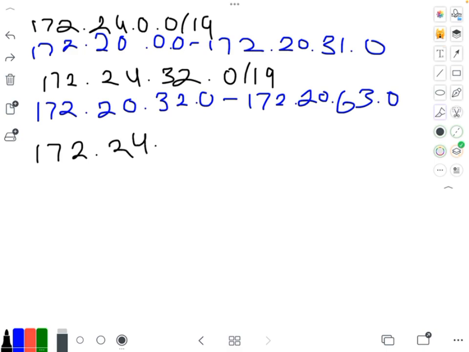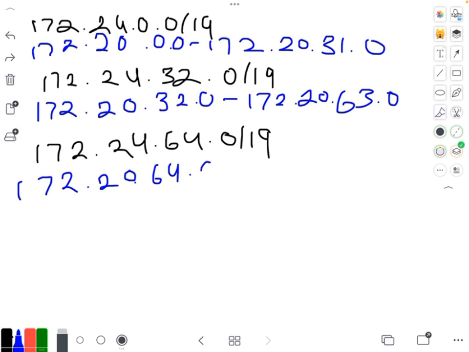Right, third subnet, 172.24.64.0, and then we have our range, which is 172.24.64.0 to 172.24.95.0.